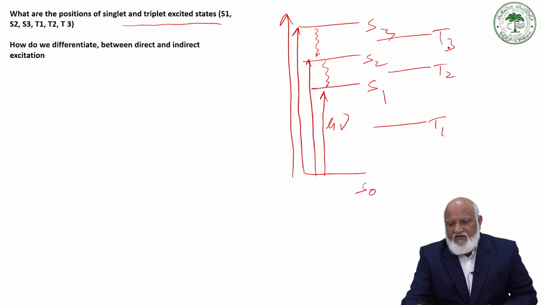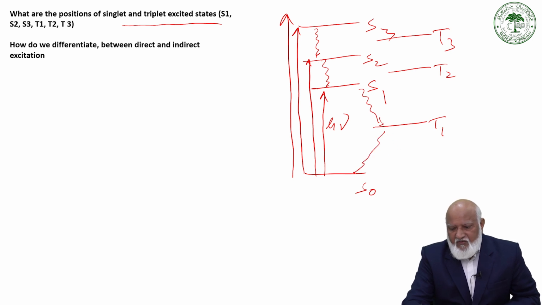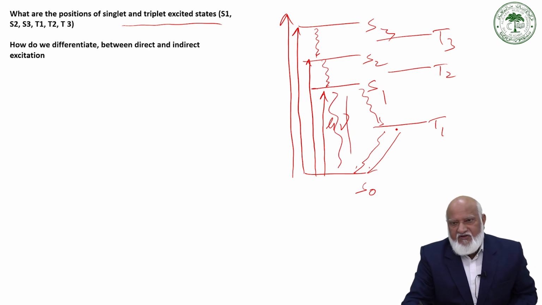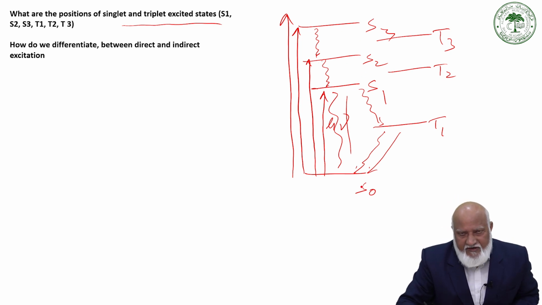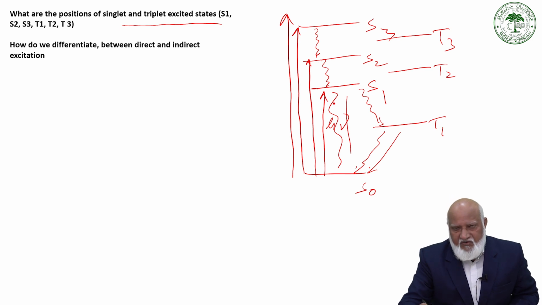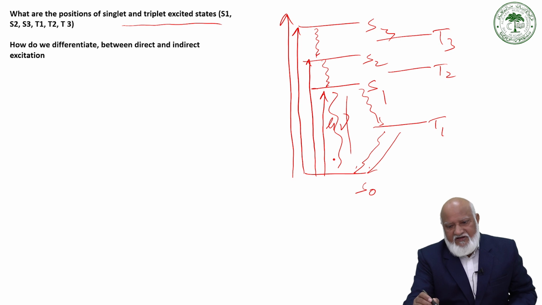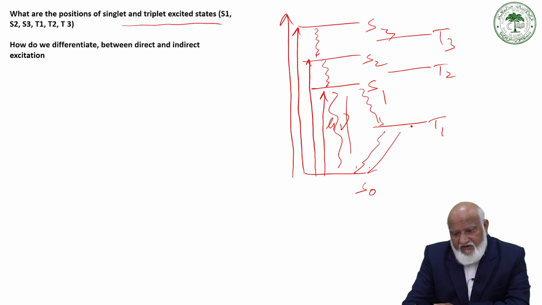From the triplet it can of course come back by radiative and non-radiative processes. So, as the question asks, what is the position of singlet and triplet excited states? These are S1, S2, S3. The molecule from ground state on absorption of light goes directly to either the S1, S2 or S3 state, and from these excited singlet states it can deactivate to T1, then T2, and of course S2 can come to T3. These are the positions.